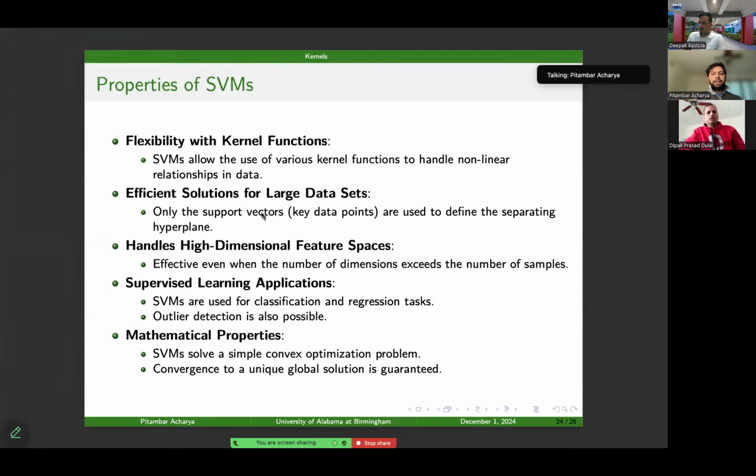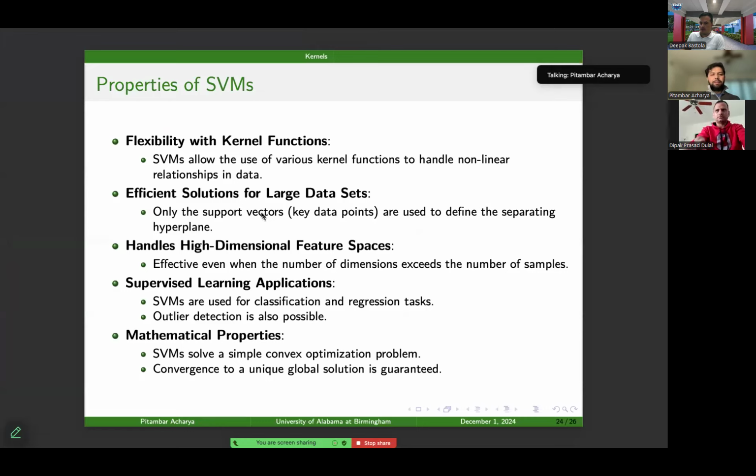Also, in high dimensional feature space, they are effective when the number of dimensions exceeds the number of samples. In supervised learning, support vector machines are used not only for classification, but also for regression and outlier detection. But outlier detection is also possible, but in most cases it is used in binary classification.